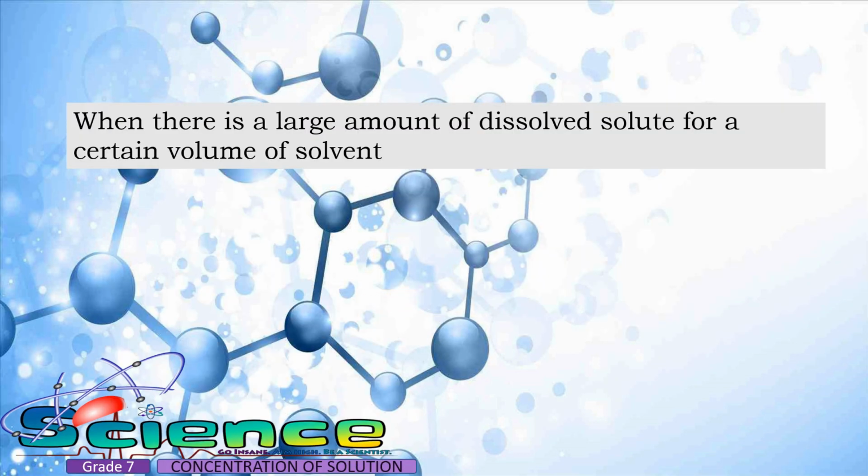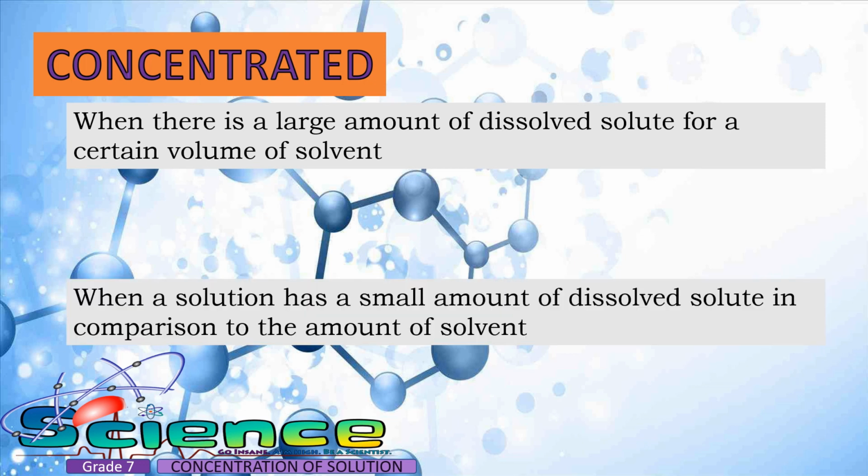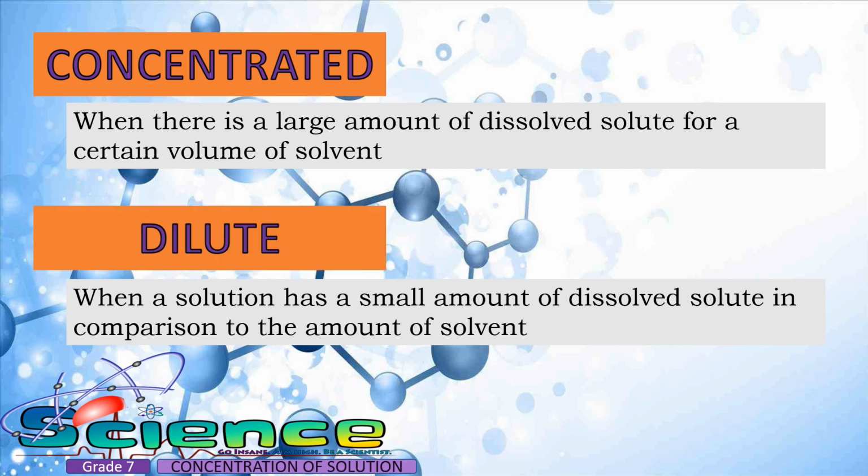When there is a large amount of dissolved solute for a certain volume of solvent, the solution is concentrated. And when a solution has a small amount of dissolved solute in comparison to the amount of solvent, this is said to be dilute.